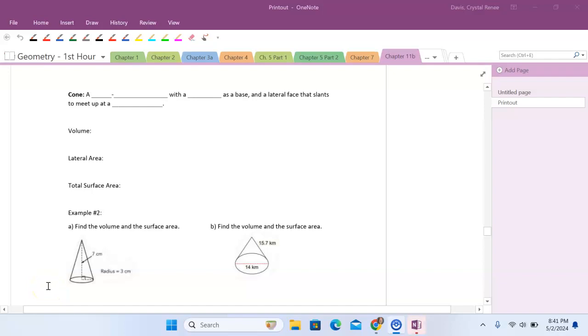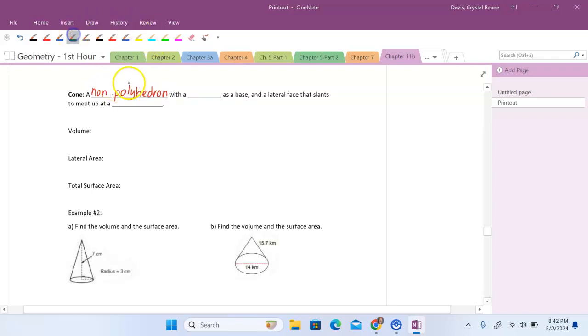Okay, so this is the second part of the notes, and in this video we're going to talk about the cone. Like we've talked about in class before, anything with a circular base just makes our life easier, and the cone is no exception to that. To define it, a cone is a non-polyhedron.